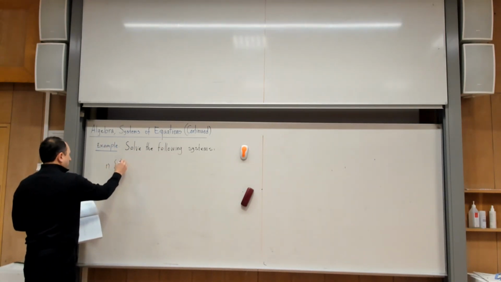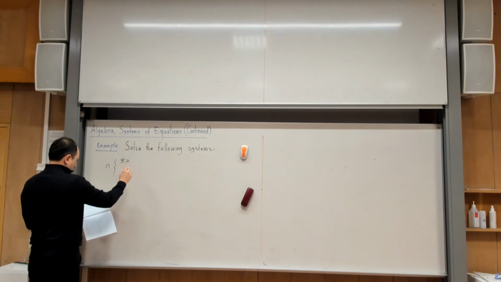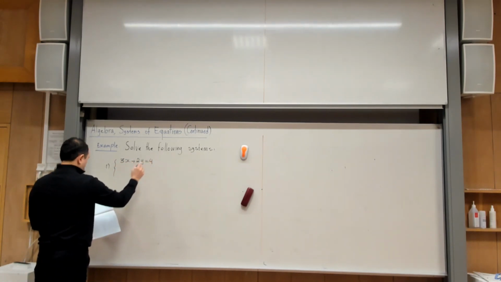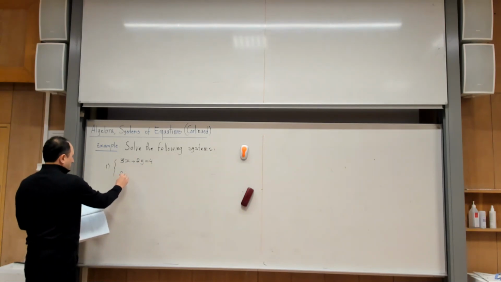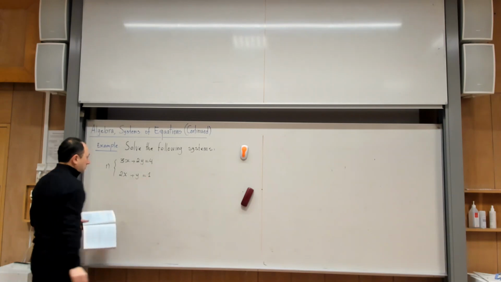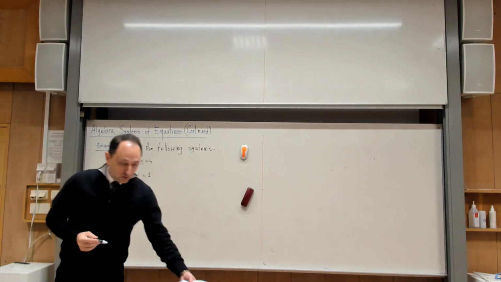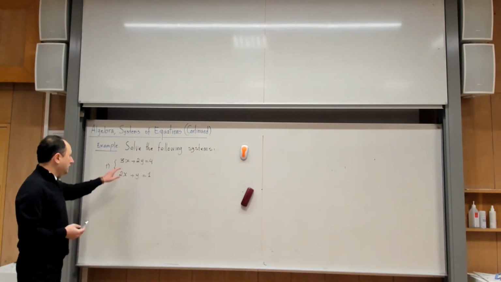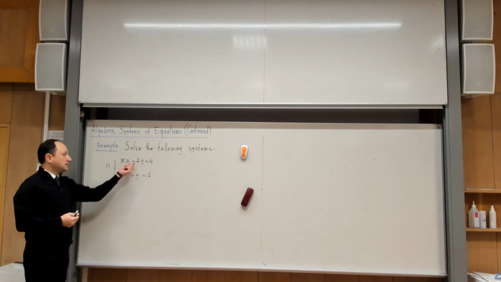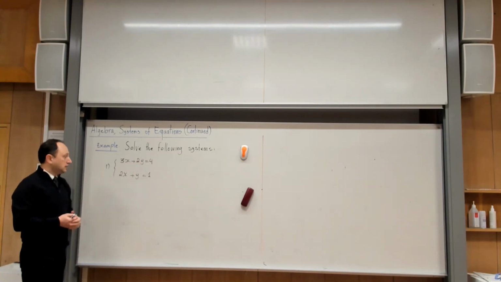So 3x plus 2y equals 4, and you have 2x plus y equals 1. So we are supposed to find a value for x and a value for y, so that if I replace x and y in this equation with those values, it becomes a true equality.